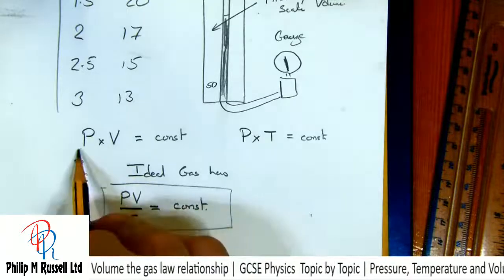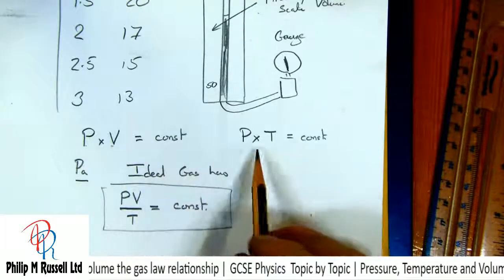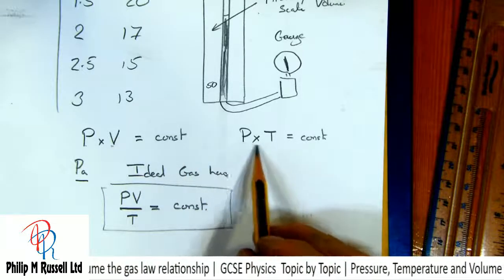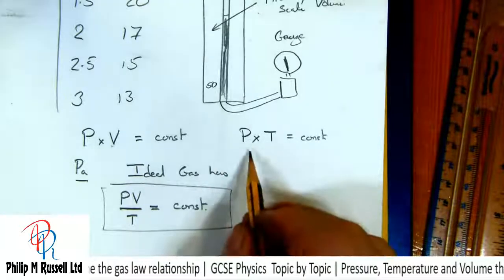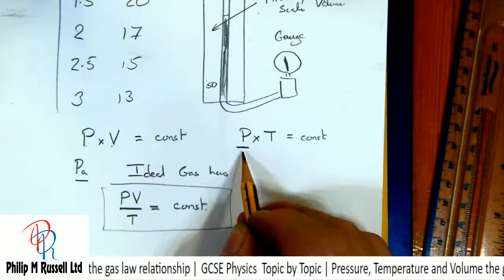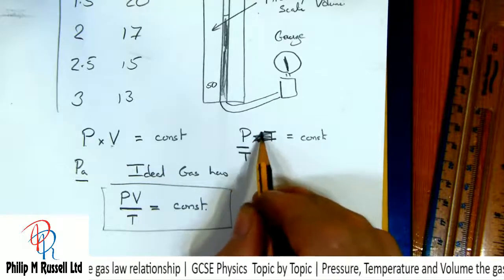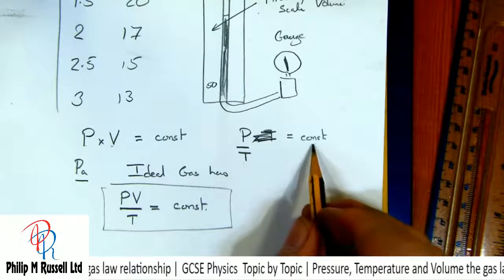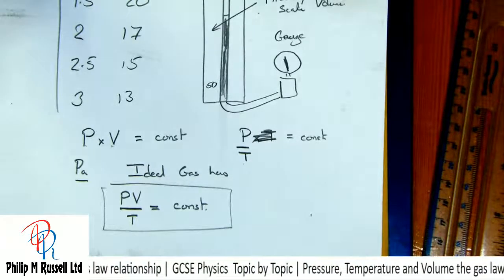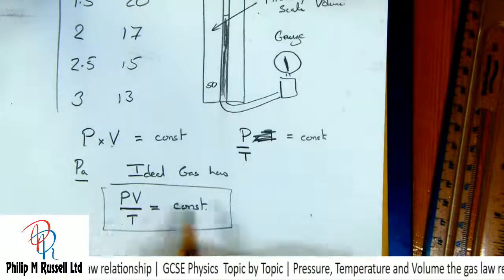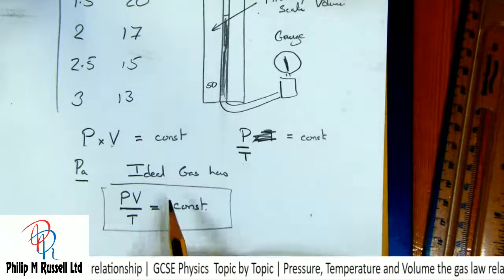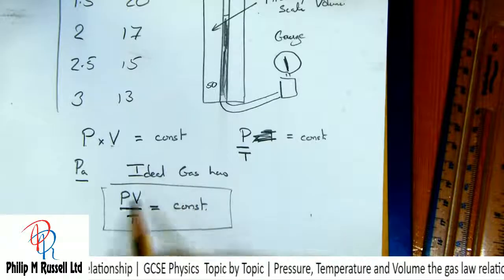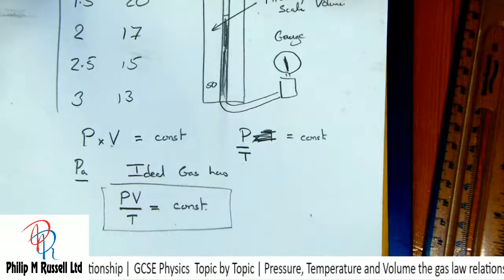We've discovered that pressure times the volume is a constant, and in fact pressure times temperature, or in fact better, pressure divided by temperature is a constant. And putting those together, we can get this relationship here.